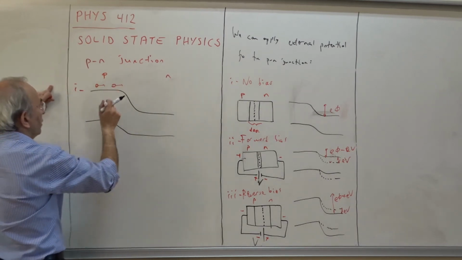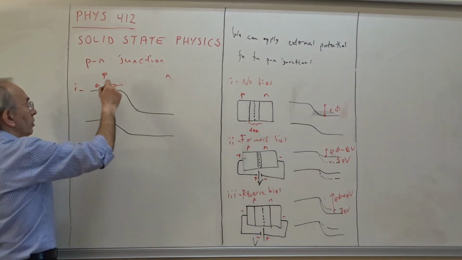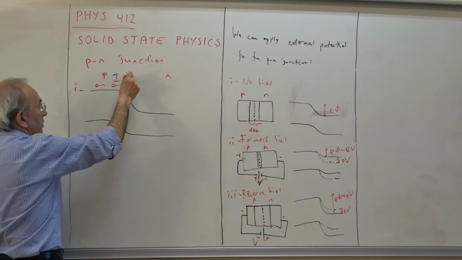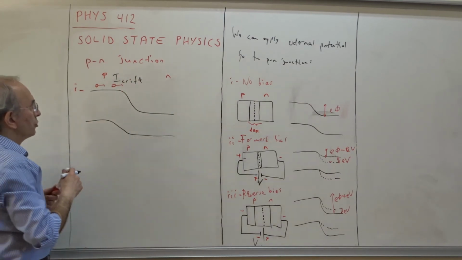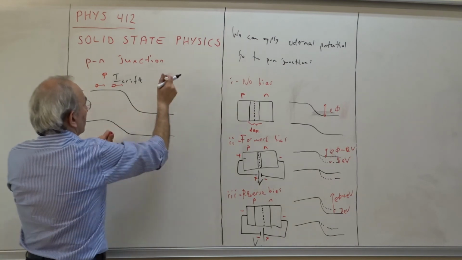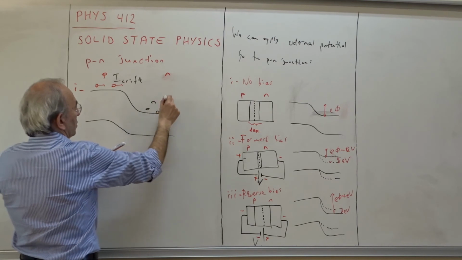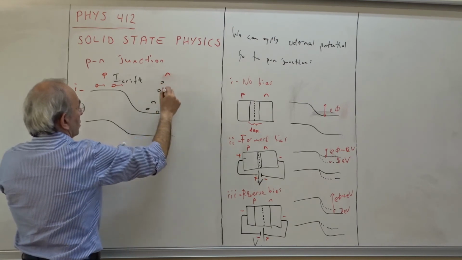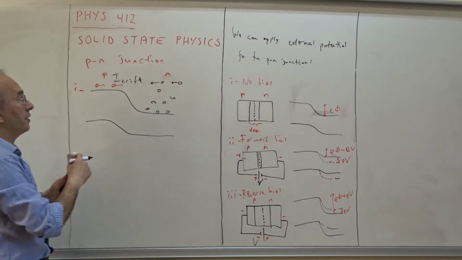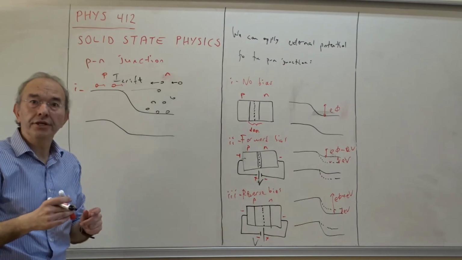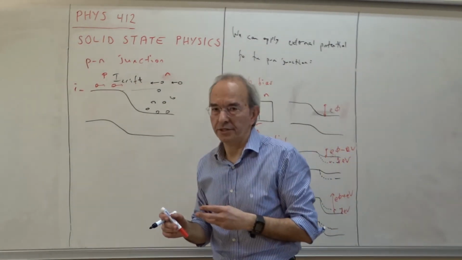These are the carriers, which are the minority carriers, and this is called I drift. And this is the diffusion. Some carriers having enough energy have a tendency to move from the N type to the P type part.